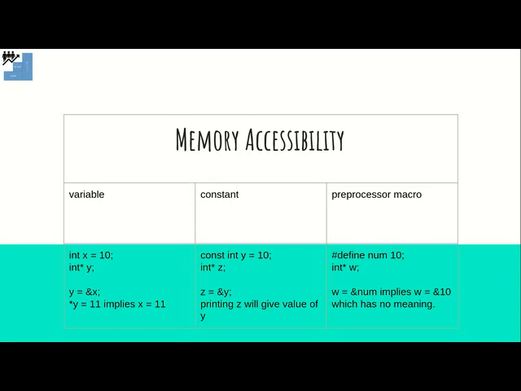So memory accessibility is only in terms of read. For a preprocessor macro, there is no memory allocation. It is just a replacement at the first stage of compilation. So, there is nothing called num in the actual source code, and there is no point of memory accessibility.